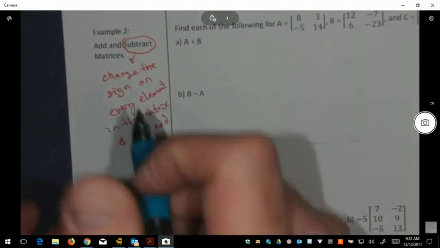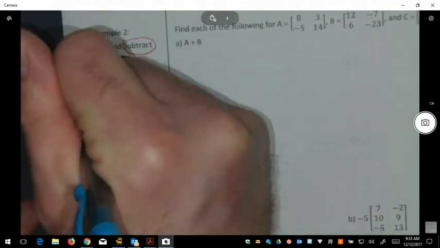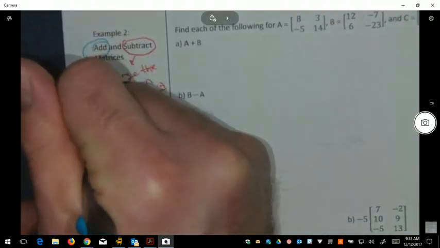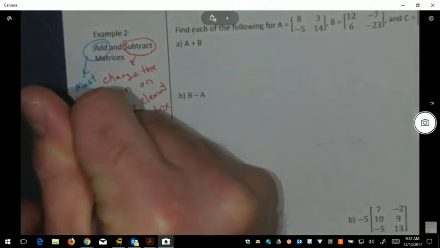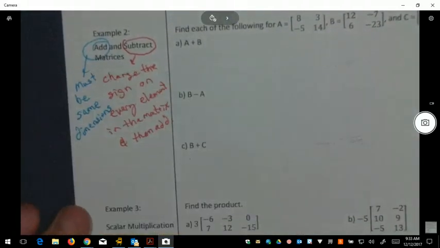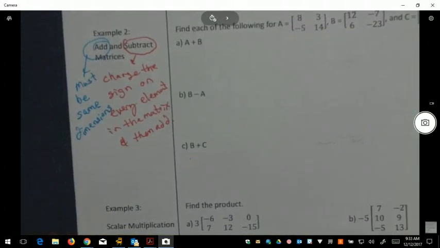as an addition problem. To add matrices, first, they must be the same size or must be the same dimensions. So they have to have the same dimensions, and then you're just going to add elements that are in the same position.